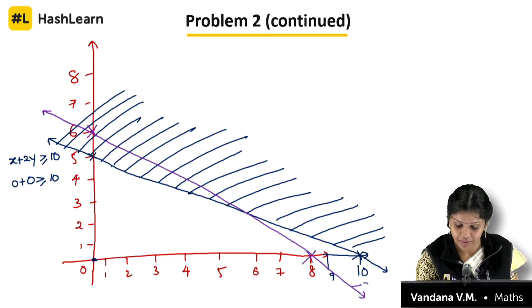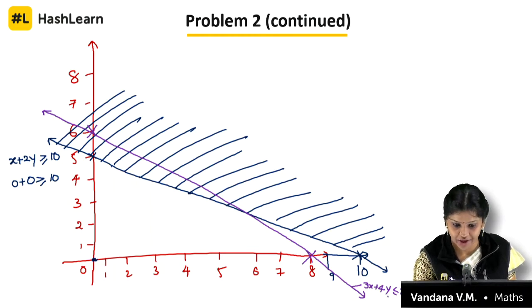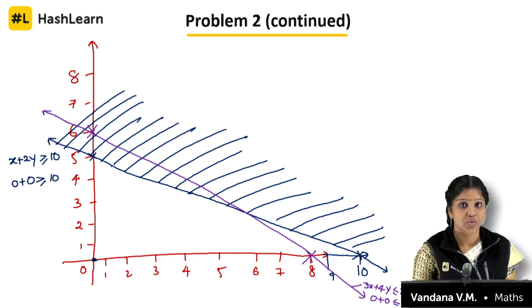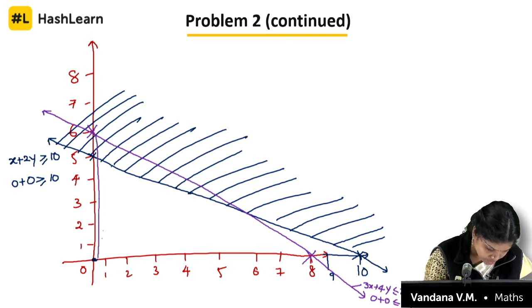I can take the origin as a comparison point: 0 plus 0 less than or equal to 24. So, it is true. So, where do I have to shade? Towards the origin side. So, please shade towards the origin side.